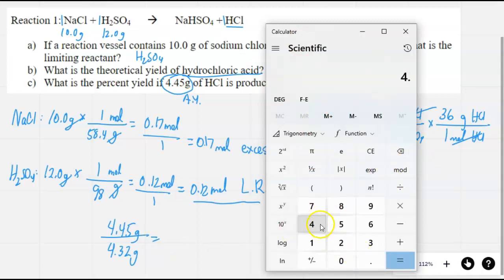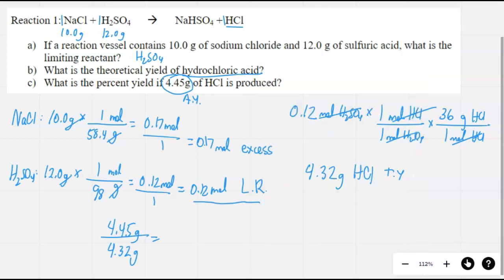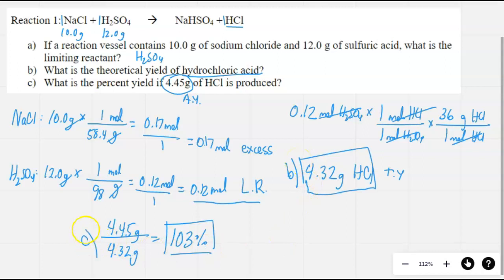You might weigh it out and be surprised because you didn't fully react it or something. So you get 103% for this one. So strange, but can happen where you have a percent yield greater than 100%. So for part B, my theoretical yield was 4.32 grams of HCl, and for part C, my percent yield was 103%.